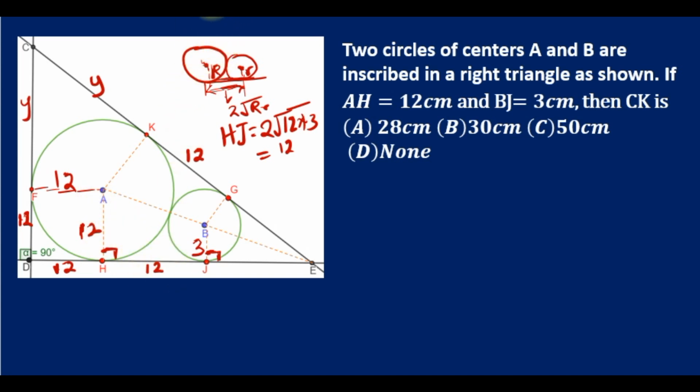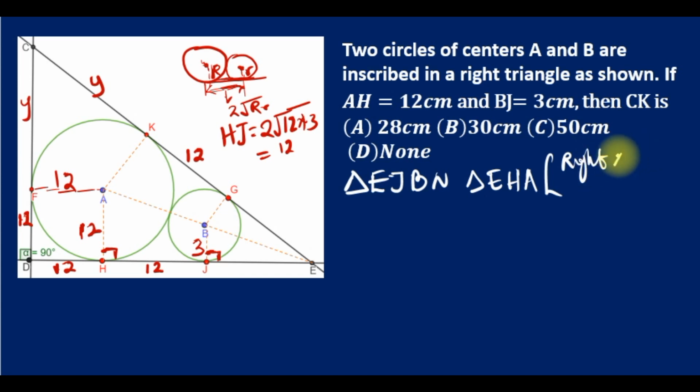So I'm saying that triangle EJB is similar to triangle EHA by the right triangle similarity theorem. So the ratio of the corresponding sides must be proportional.